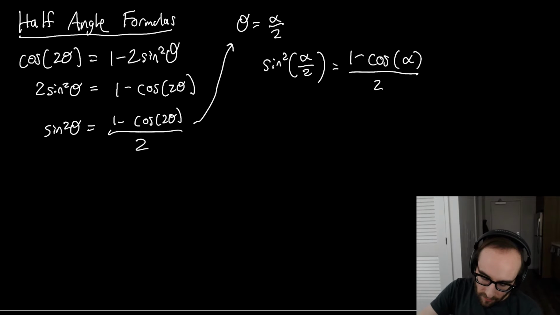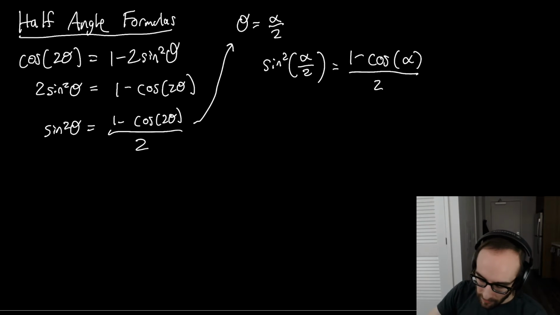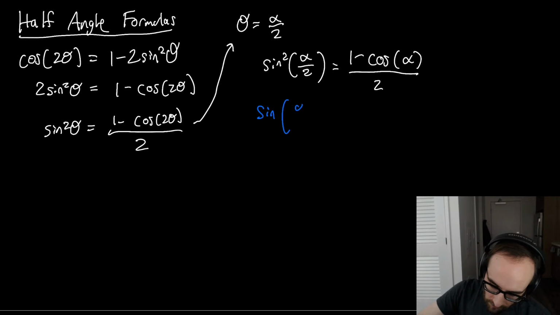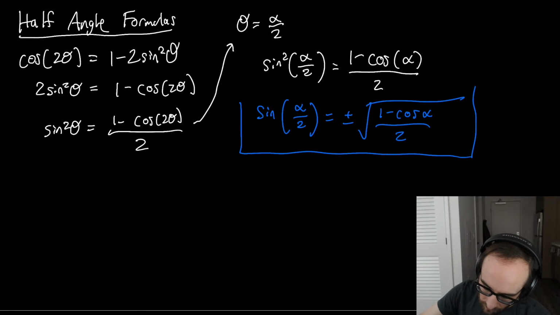And then finally, to end up with sine alpha over 2, we're just going to take the square root of both sides. So our formula in this case is sine of alpha over 2 is equal to plus or minus the square root of 1 minus cosine alpha over 2. And this is our half angle formula for sine.